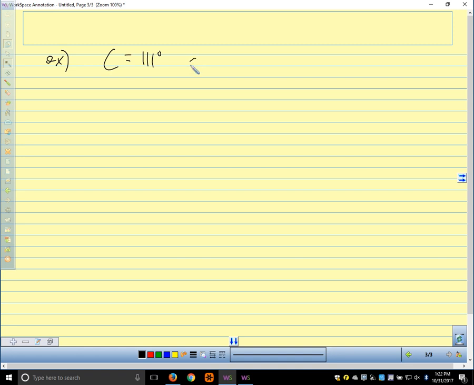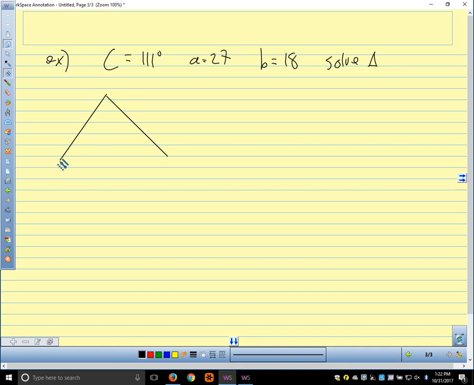Angle C is 111, A is 27, and B is 18. We want to solve the triangle. All right, here's my picture. A is 27 and B is 18.